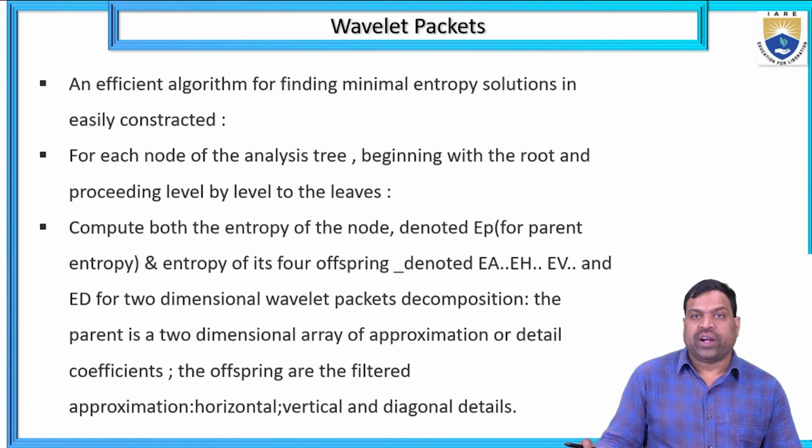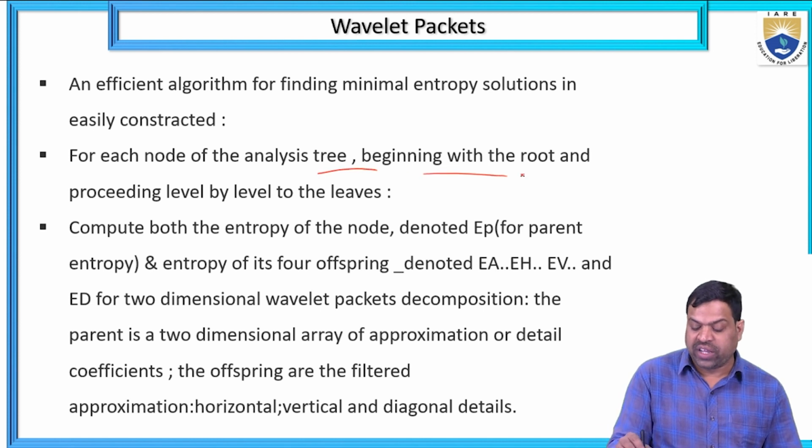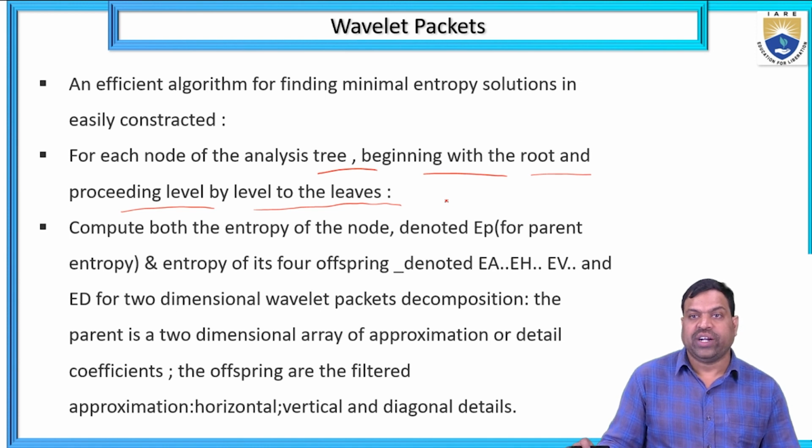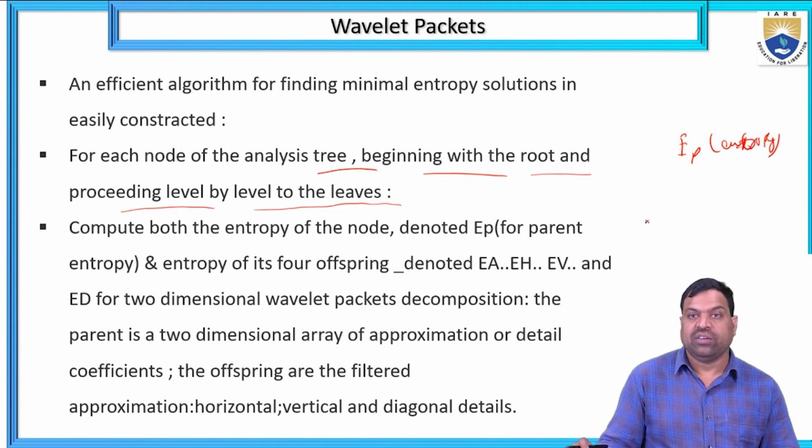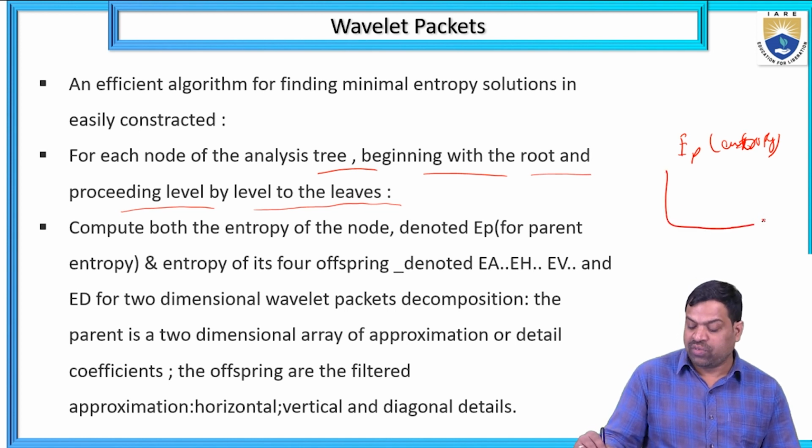So for every wavelet packet, an efficient algorithm for finding the minimal entropy solution is easily constructed. Each node of the analysis tree, beginning with the root and proceeding level by level to the leaves, computes both the entropy of the node, denoted by EP, meaning parent entropy, and the entropy of its four offspring, denoted EA, EH, EV and ED for two-dimensional wavelets.